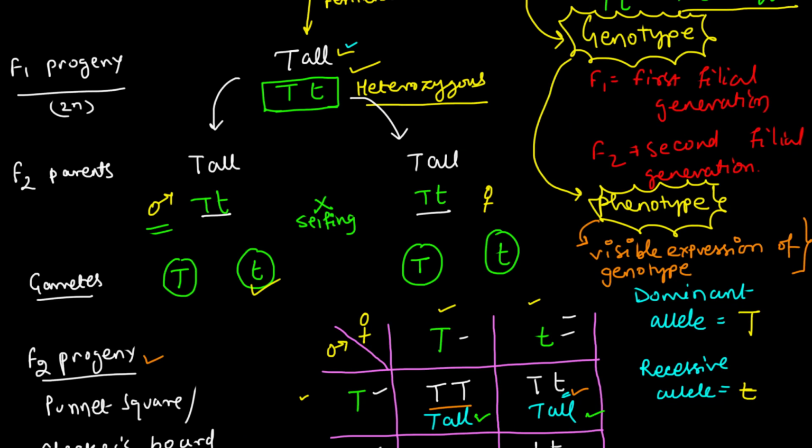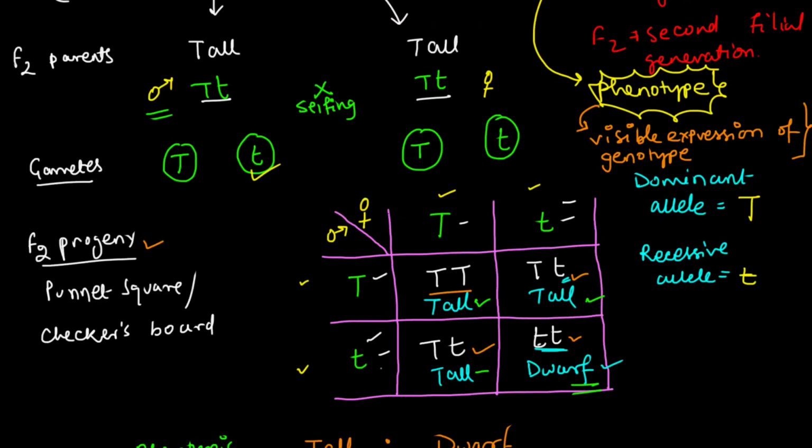If the plant has a homozygous dominant genotype, then obviously the tall trait is going to be expressed. When you have the homozygous recessive, the recessive trait is going to be expressed. But when we have the heterozygous genotype, capital T and small t, it is the dominant trait that is going to be expressed, and that is precisely the law of dominance.